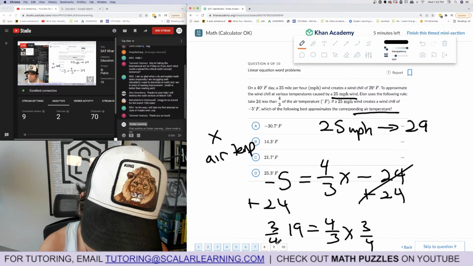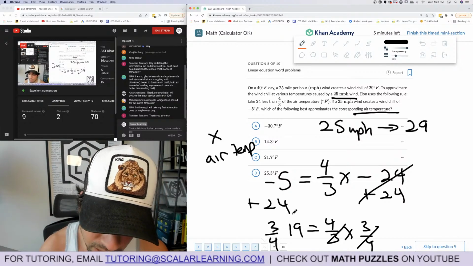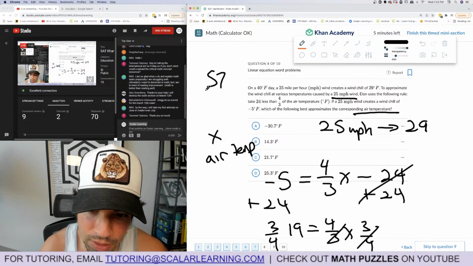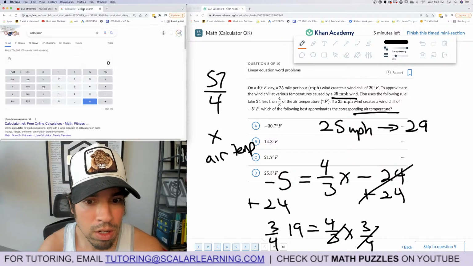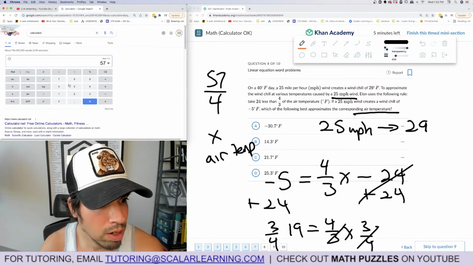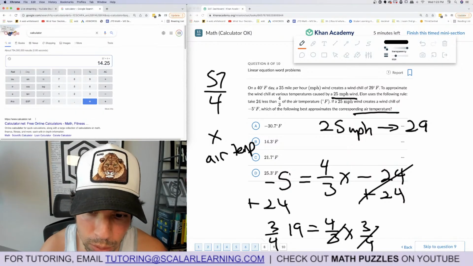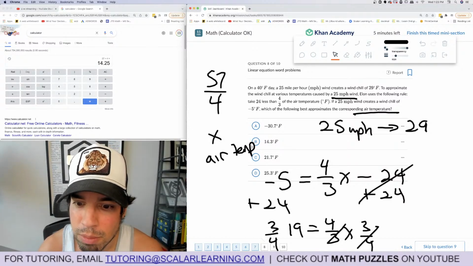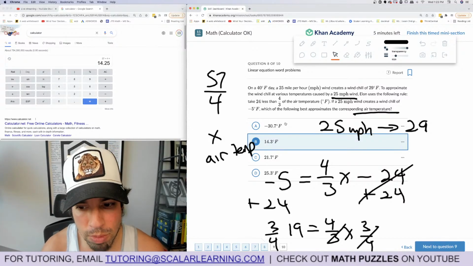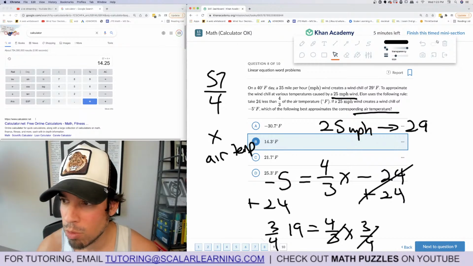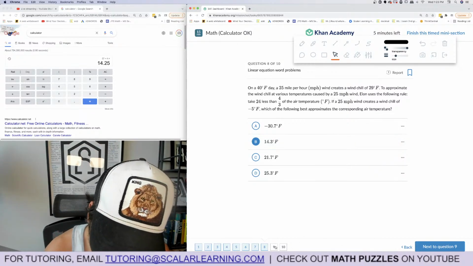And then 3 times 19 is 57 over 4. I'll use a calculator here. 57 divided by 4 is 14.25, which is 14.3. Boom, done. And that makes sense, right? It should be above, shouldn't be below, right? Okay, 2 more.